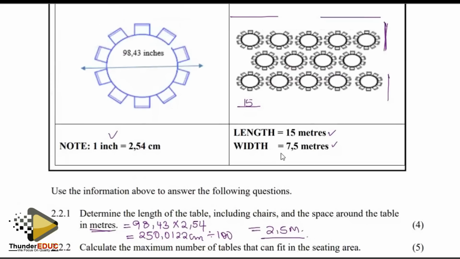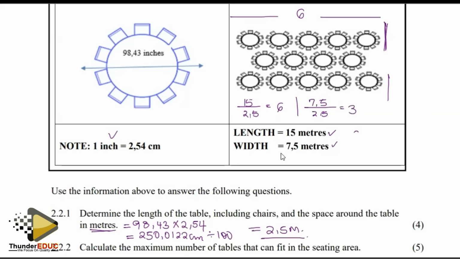So we shall do that. 15 divided by 2.5, you have 6. That means 6 tables on the long side. Then what about the short side? On the short side, it will be 7.5 divided by 2.5, and you end up having 3.